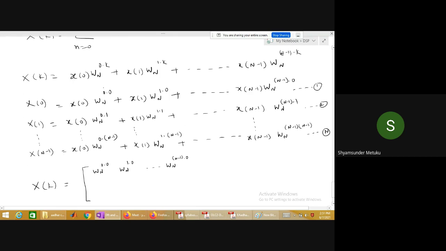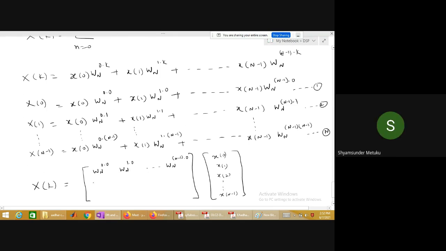That is what you have written, no? The second multipliers are small x of 0, x of 1, x of 2, and it goes on up to x of n minus 1. You are able to get the first equation, rows into columns.